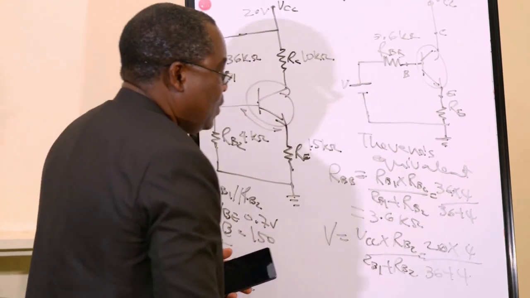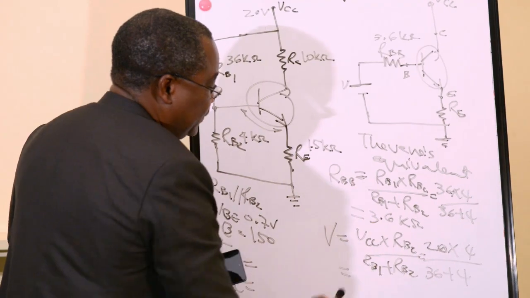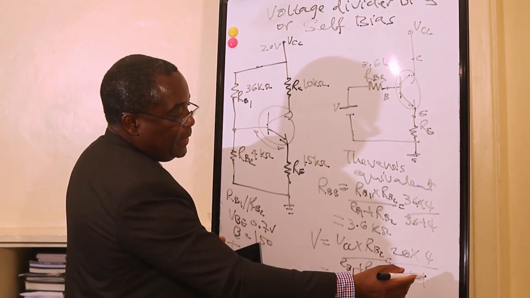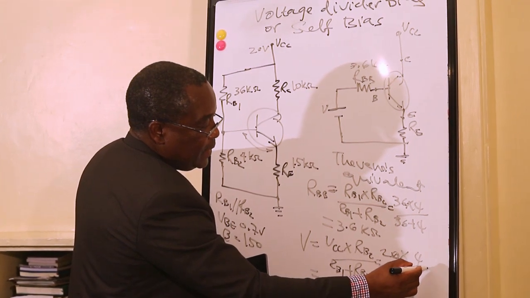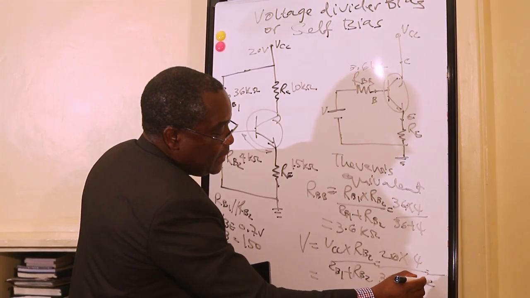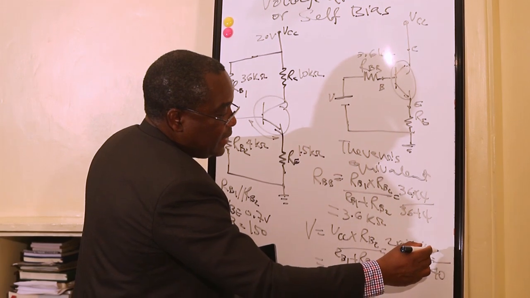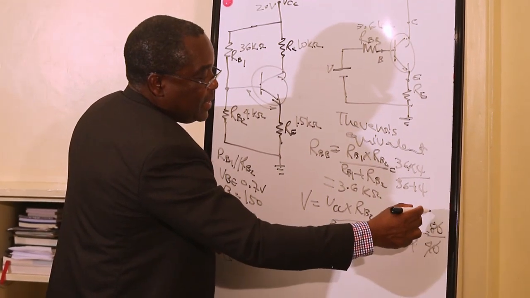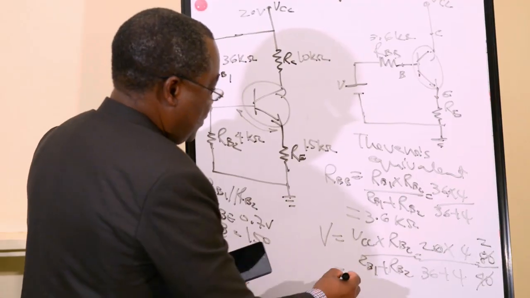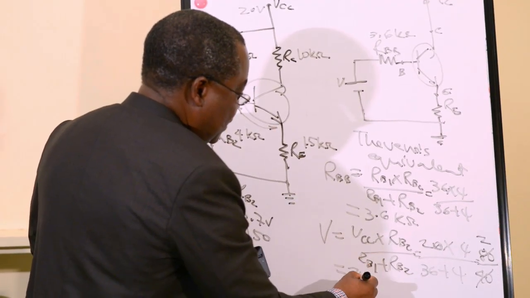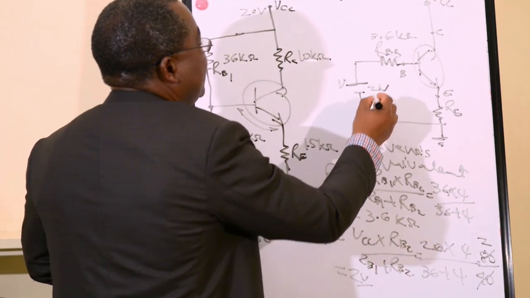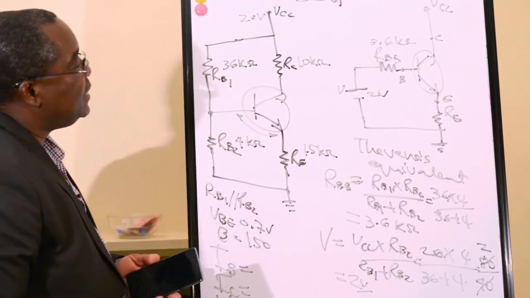So we have our voltage here: 80 over 40. If you divide, you get 2. So we have 2 volts here. Our Thevenin equivalent voltage is 2 volts.